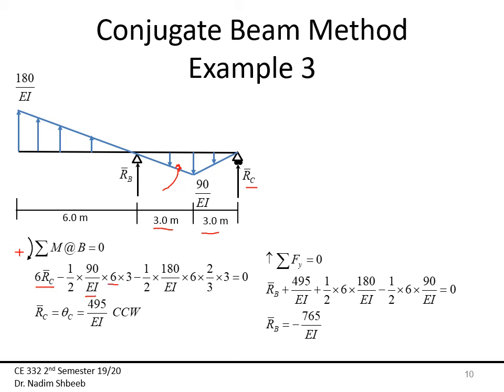90 over EI times 6 times 3, which is the moment arm, minus this triangle over here. Again, here this force is going to be like this, and that force is going to be like that. Actually, since this is going to be right down in the middle, I'll take this out.